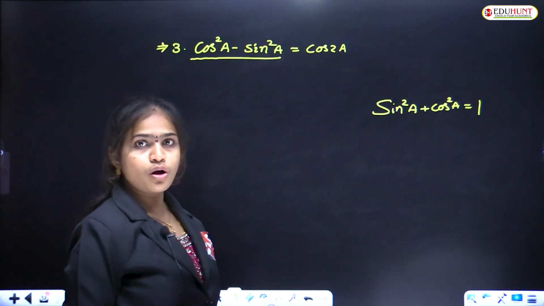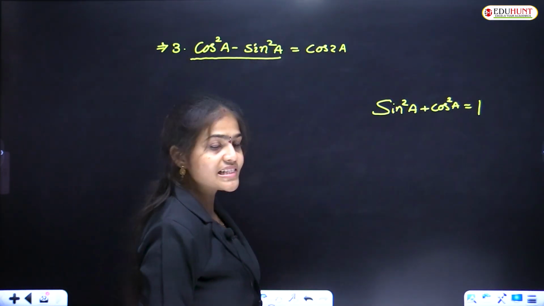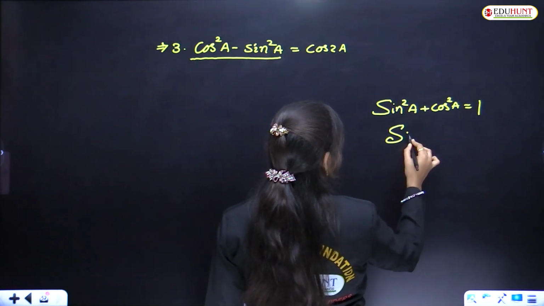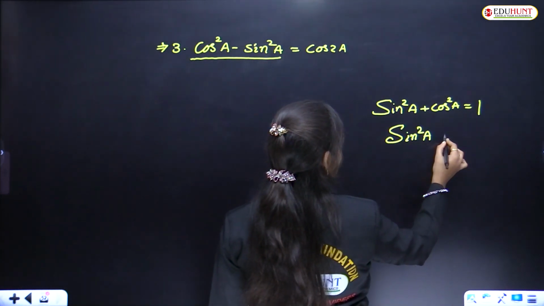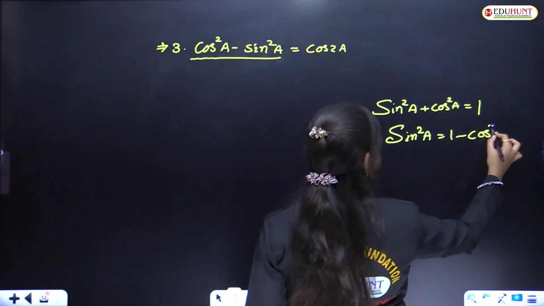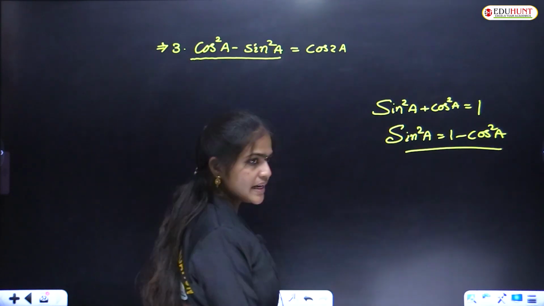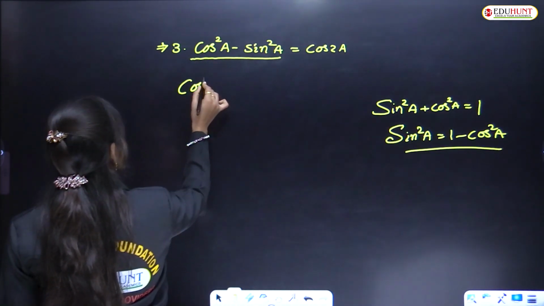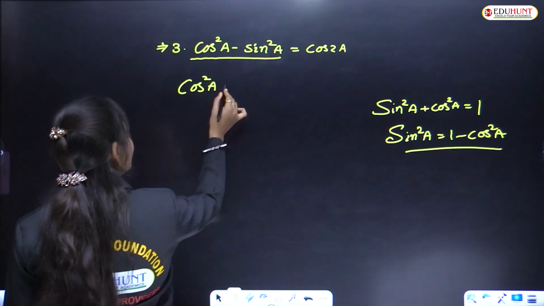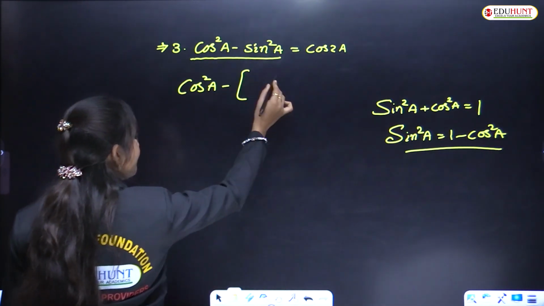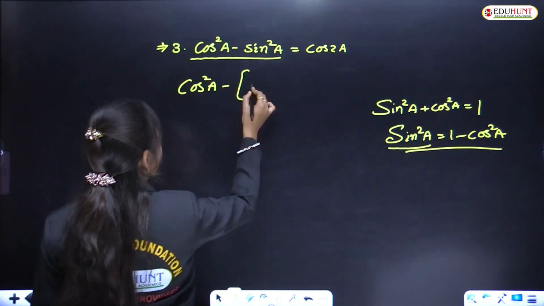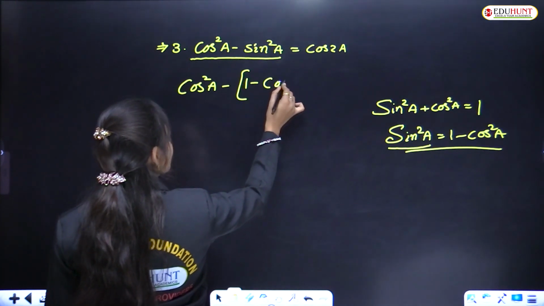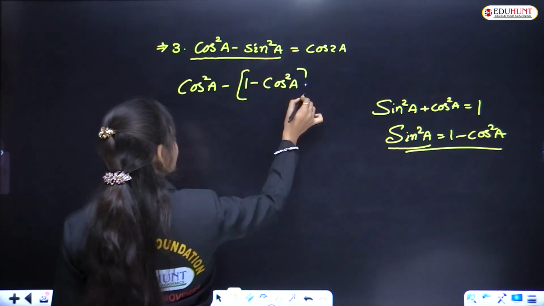Previously I wrote that cos value, no? Now I want to write that sin value here. Okay. So sin square A is equal to 1 minus cos square A. So cos square A as it is you have to write, minus of, at the place of sin square only you have to write that. So 1 minus cos square A.